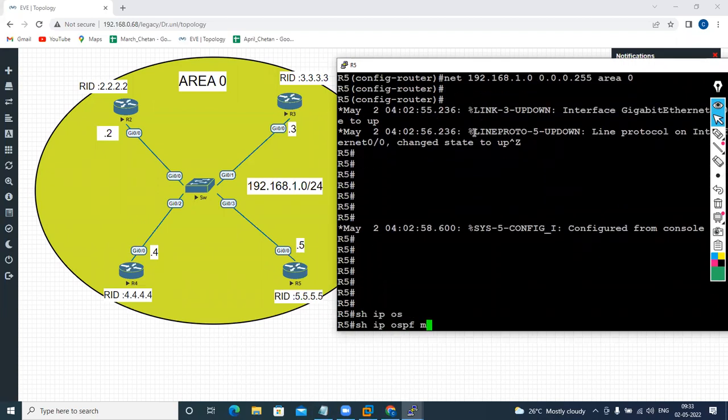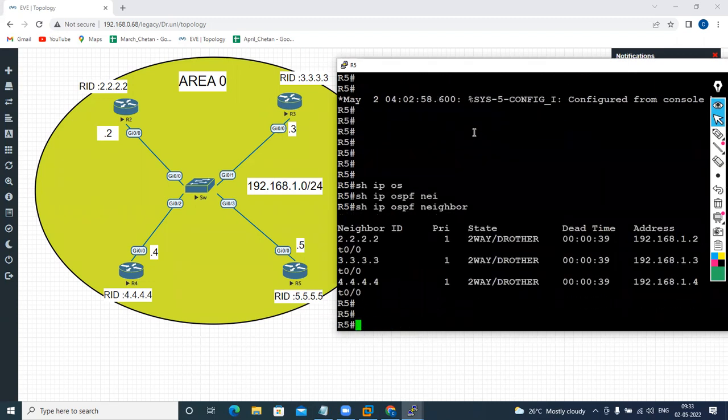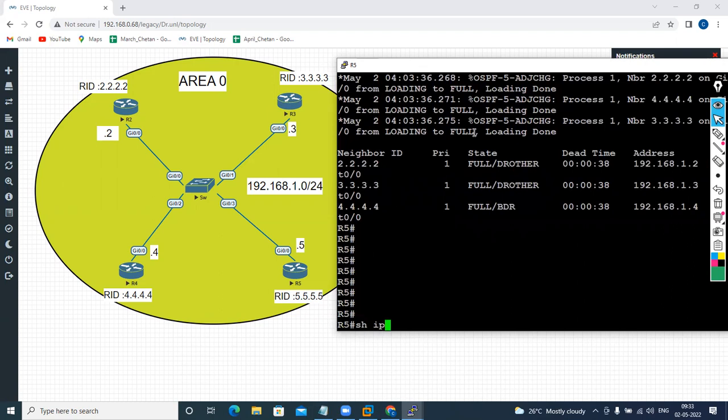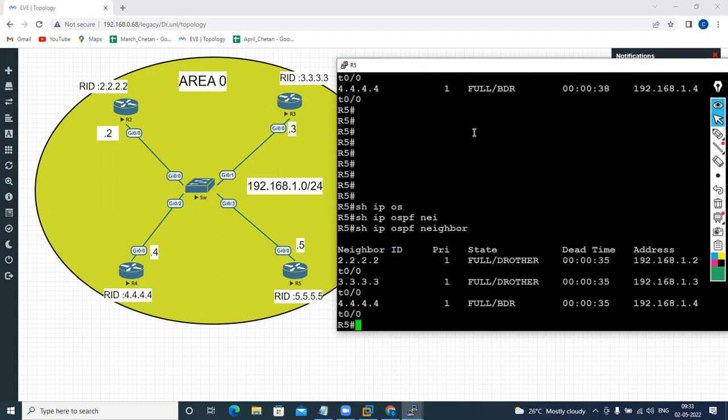Show IP OSPF neighbor. Two-way. Now you can see the states here. 2.2.2.2 is shown as DR other. 3.3.3.3 is also a DR other.